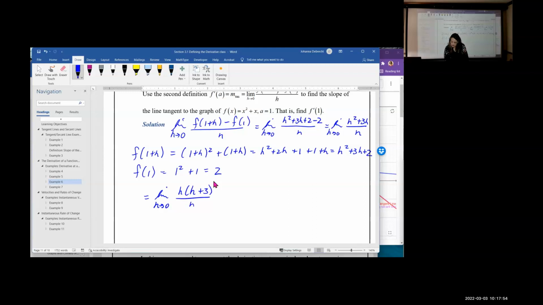And then you can cancel the h, and then you plug it in, and you come up with the limit as h goes to 0 of h plus 3, which is 3. So the slope of the tangent line on the graph of x² plus x, as it gets close to 1, is 3.